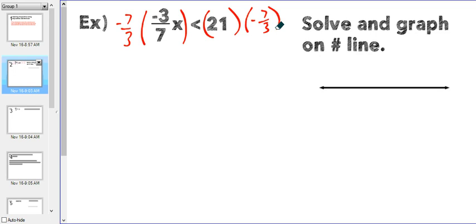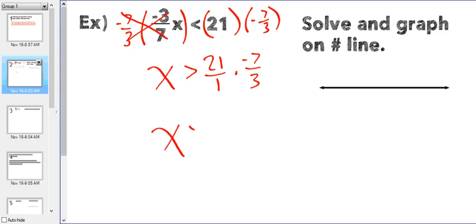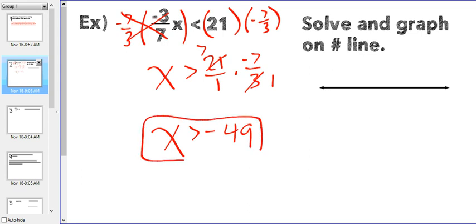I know over here that cancels the negatives and the 7s and the 3s, and I've got that x is now greater than, because I multiplied by a negative, and I need to figure out what 21/1 times -7/3 is. So I've got that x is greater than, I could do some cross canceling and make that a 7, make that a 1. It looks like it would be -49. Box that, there's my answer.